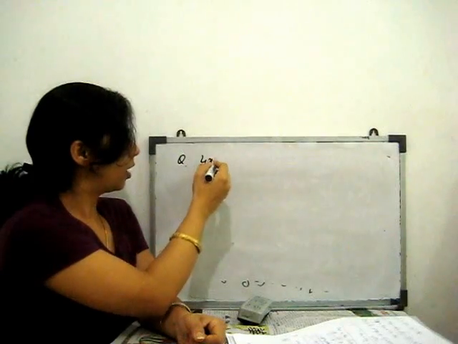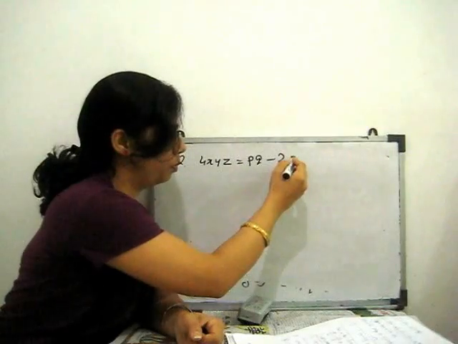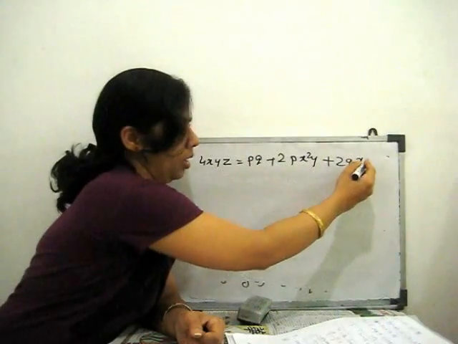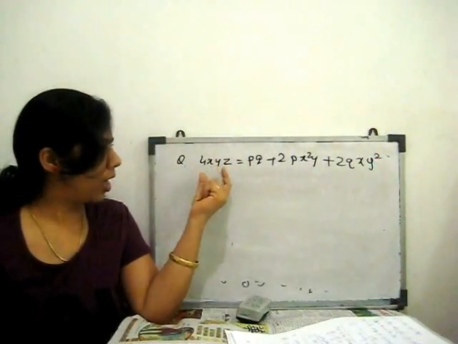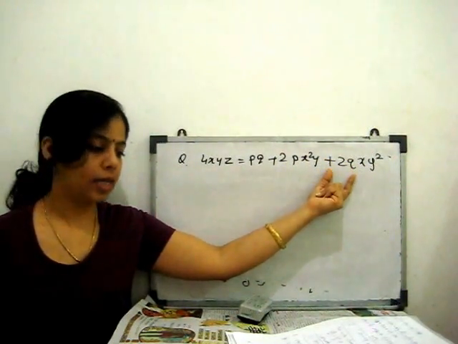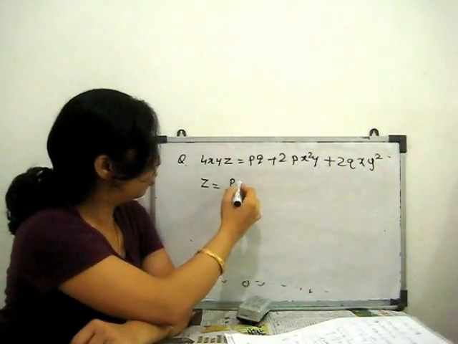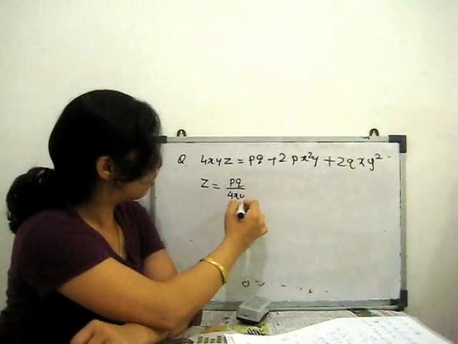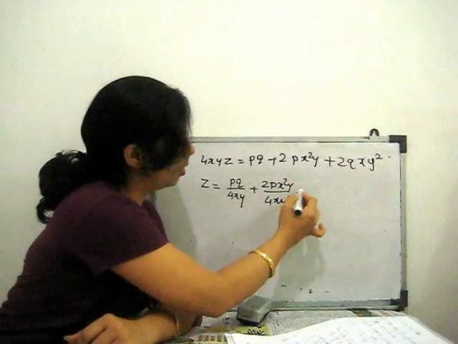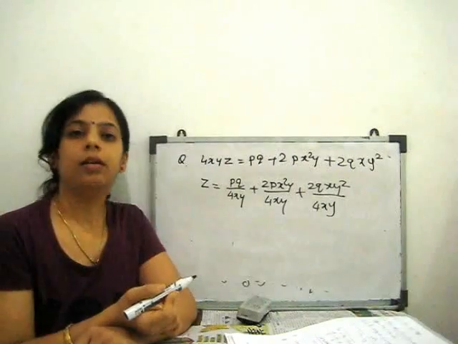Question: 4xyz equal to pq plus 2px square y plus 2qxy square. Clear? Again, in terms of z, if we rearrange, dividing by 4xy: pq upon 4xy plus 2px square y upon 4xy plus 2qxy square upon 4xy.